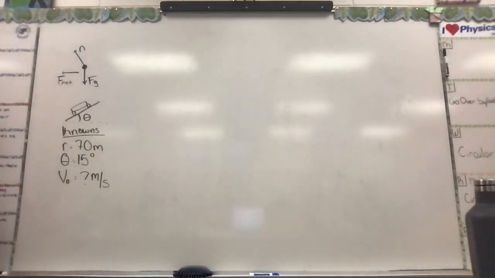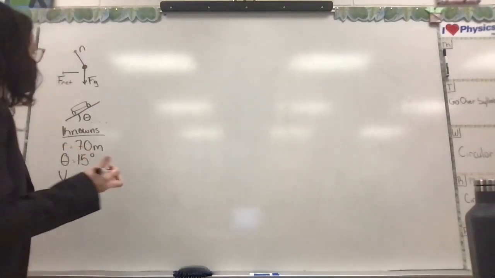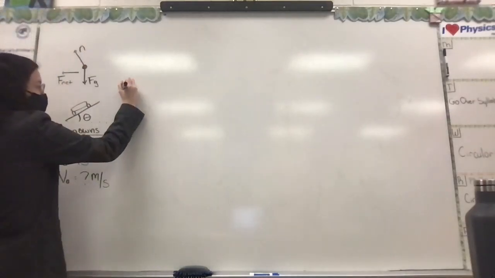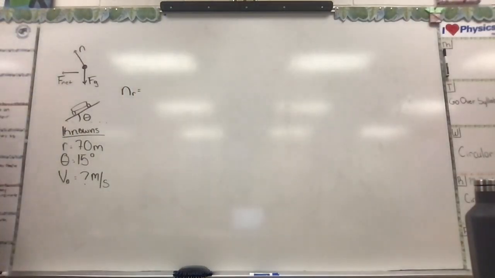All right. So let's think about this. Now, previously, wasn't N always on the z-axis? Yeah. Is it only on the z-axis now? What other axis is it in? R. Okay, so we're actually going to have an R component of our normal force now. So let's think about our R component of our normal force. What do you think it's going to be equal to?